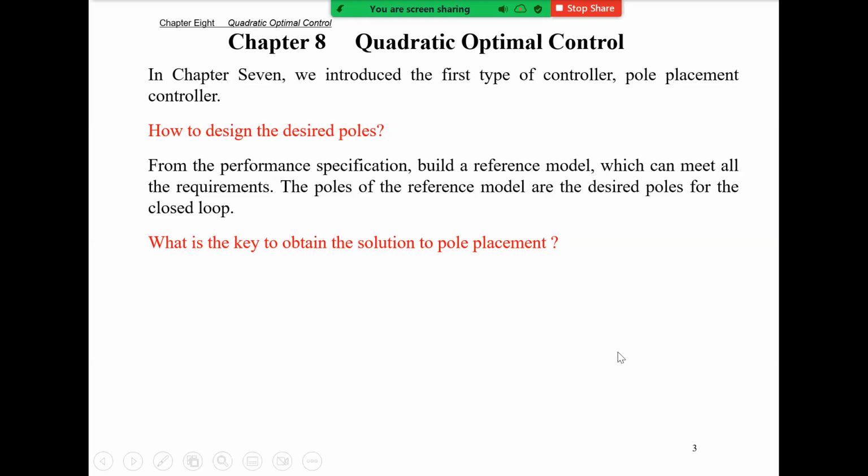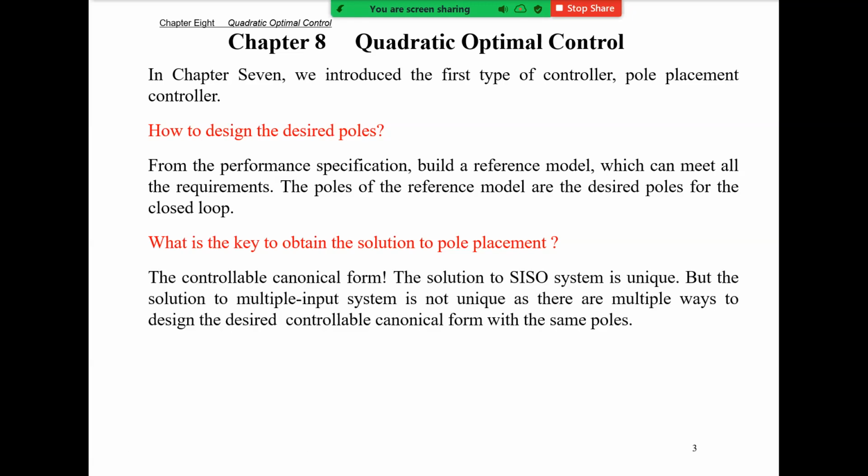The controllable canonical form. That is how we get the solution for the single input, single output system, and also for the multiple input, multiple output system.